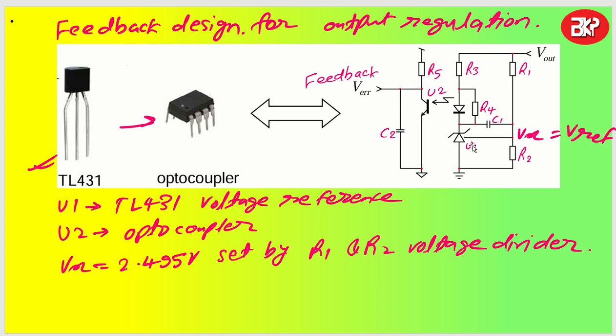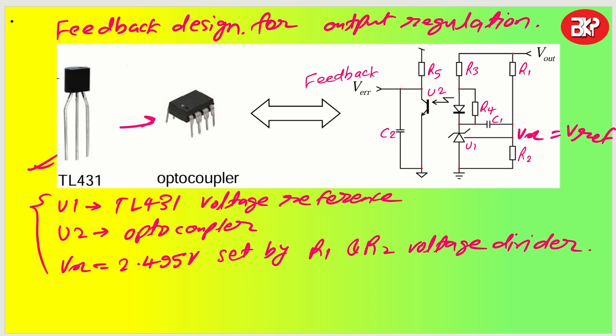This V reference makes sure that this TL431, which is U1, sends the feedback signal or feedback voltage level to U2, my optocoupler, and then it goes to V error, which is nothing but your feedback voltage level, right? So there are 3 steps that we have to do. One is the TL431 voltage reference, another is choosing an optocoupler, and then designing the voltage divider circuit, which is R1 and R2, and we are going to set our Vx value to 2.495.